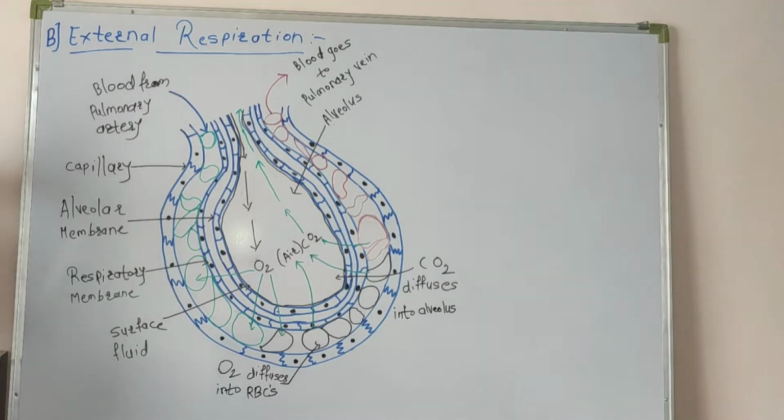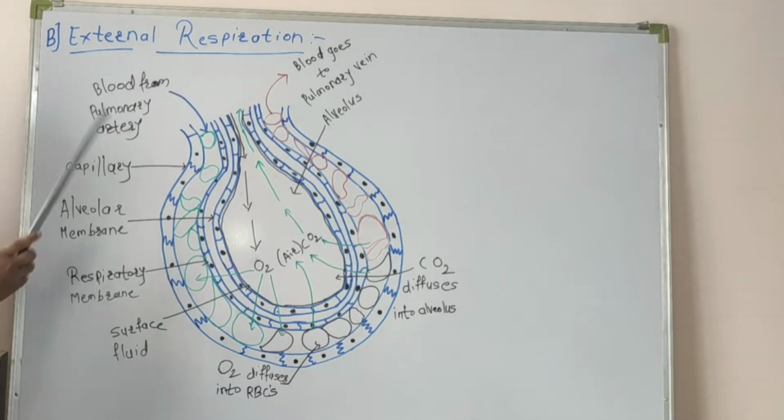So first, we already know that air enters our body through the lungs, oxygen is taken from the air, and carbon dioxide is carried out by the lungs. Now how does it work?